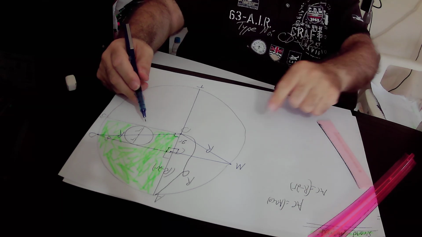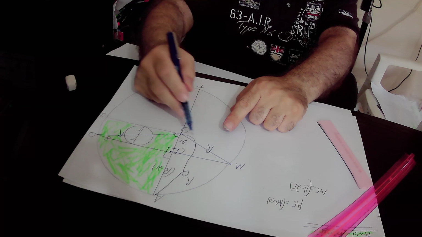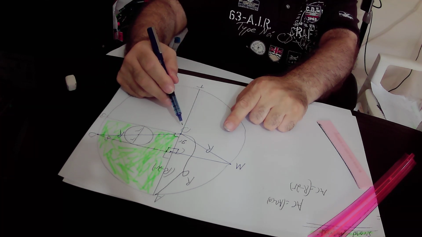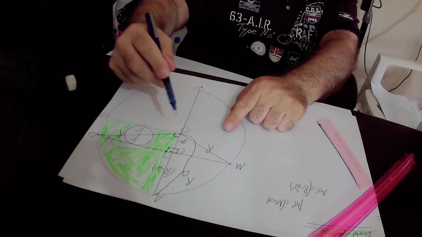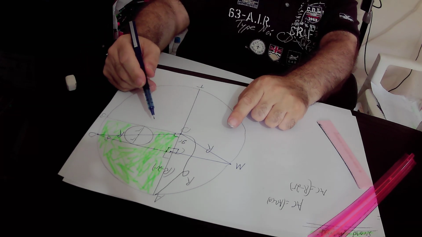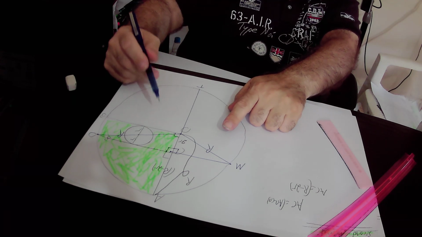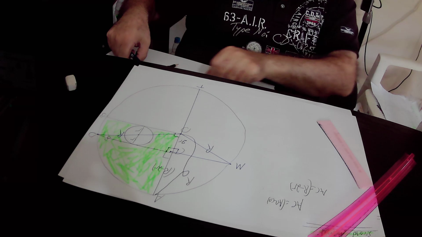So we have here two right triangles, triangle OCM and triangle CDO. In the next step, we will prove that those two right triangles can go into each other.